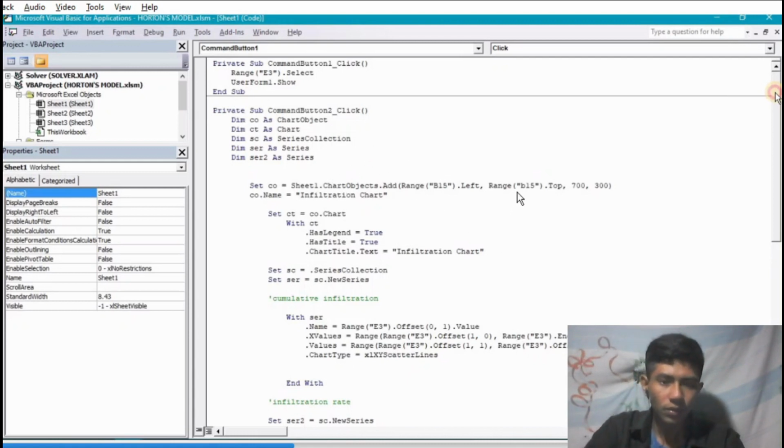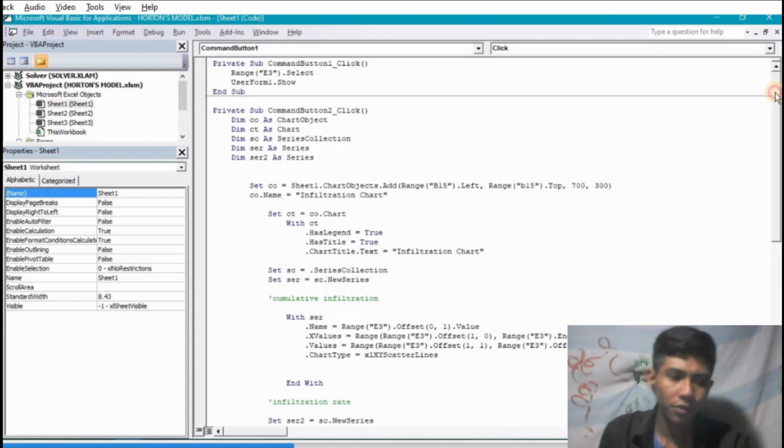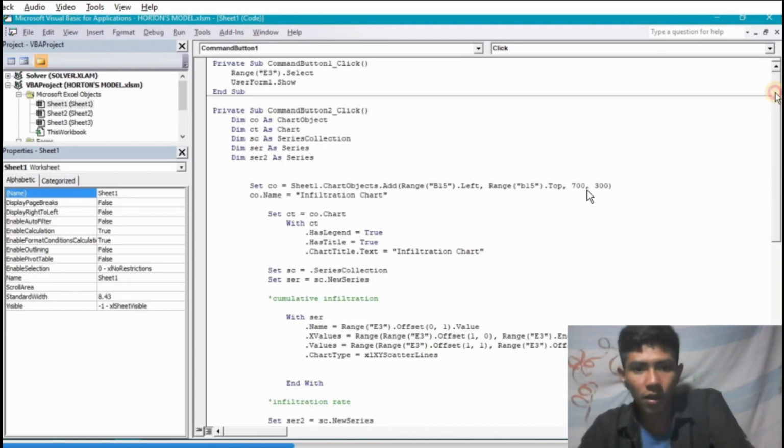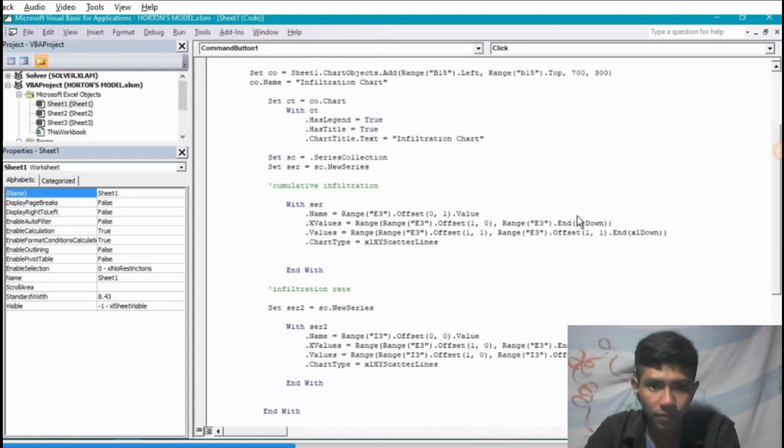So I've just researched how to make this. I can't really say na naintindihan ko, but I just copied some codes and then by trial and error changed something about this until I came up with the current charts that I'm using.